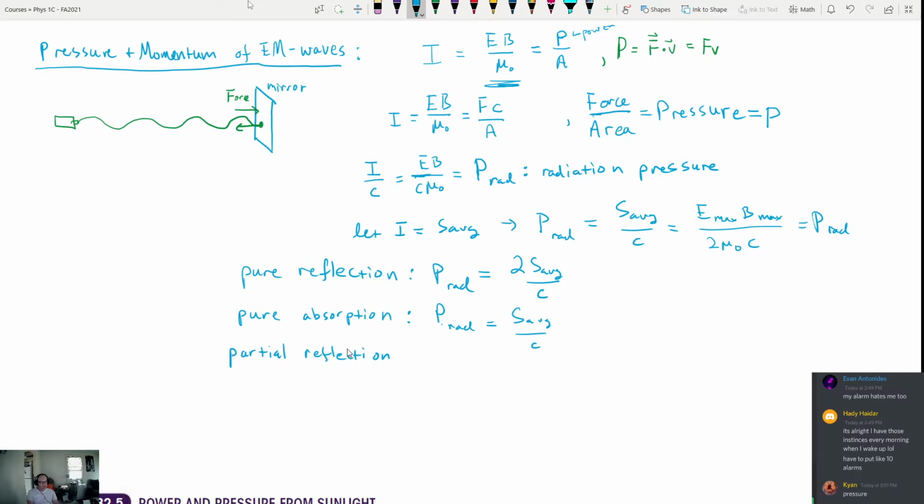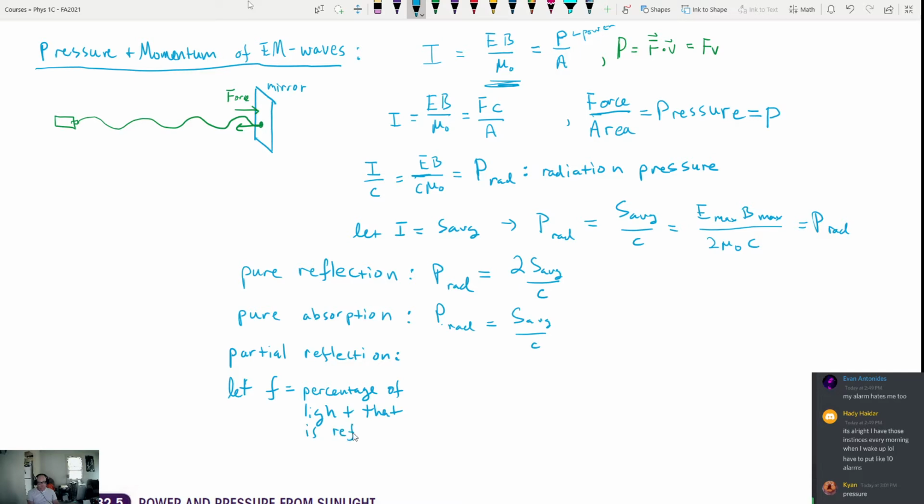70% of the light. Let's say you have some fraction F that represents the fraction of light that is reflected by the body. So here, I'll put that on the second line to be more clear. Let F be equal to the percentage of light that's reflected by your surface.